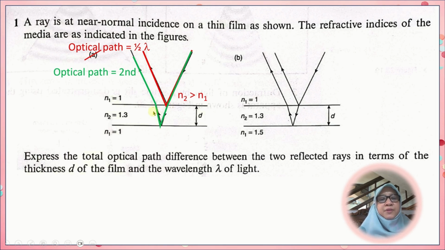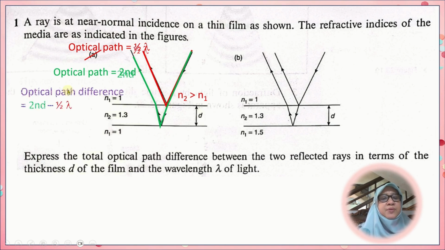It travels to and fro here, so that means 2nd. The reflected ray at this interface is from a denser to a less dense medium, and n1 is less than n2, so that's why the optical path is only 2nd.